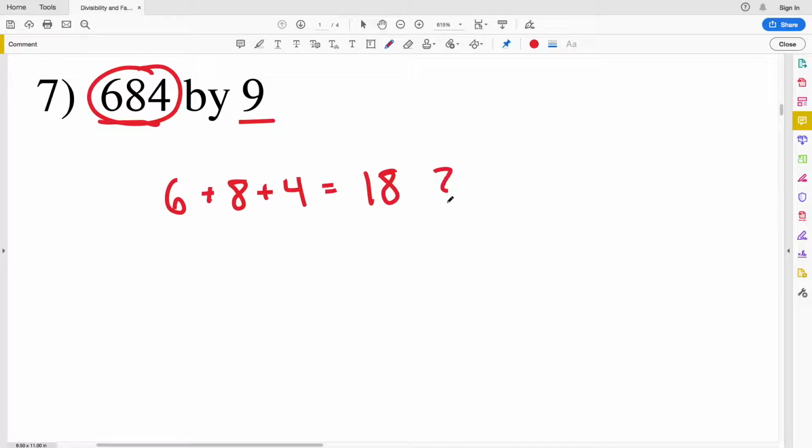So our new question is, is 18 divisible by 9? If that's true, then 684 is also divisible by 9. So 18 is 2 times 9, so it is indeed divisible by 9, because 18 divided by 9 is the number 2. So our solution in number 7 is yes.